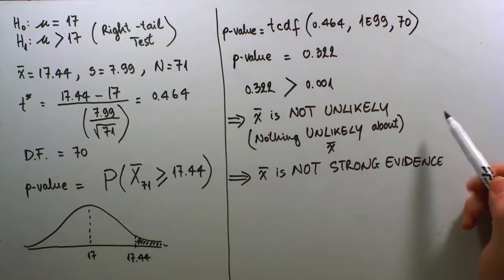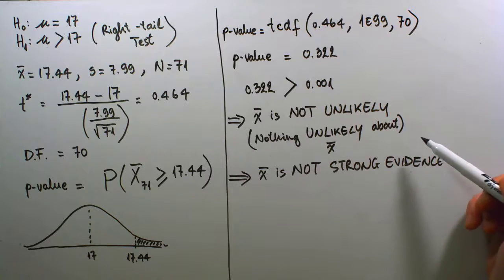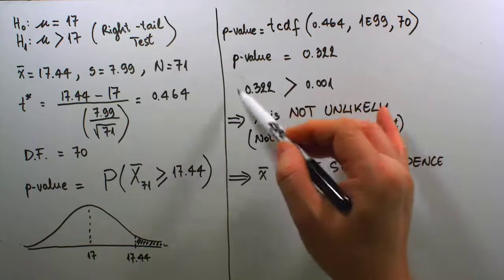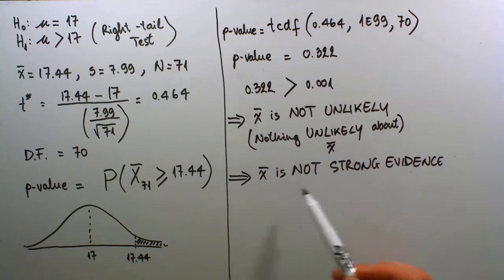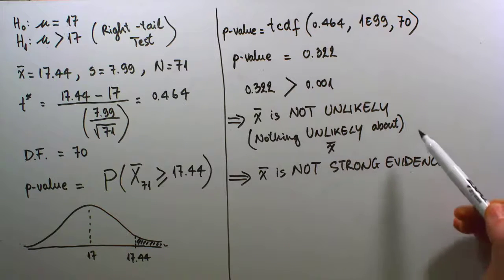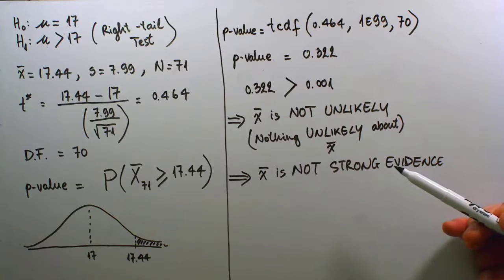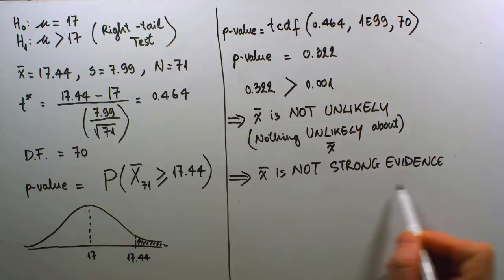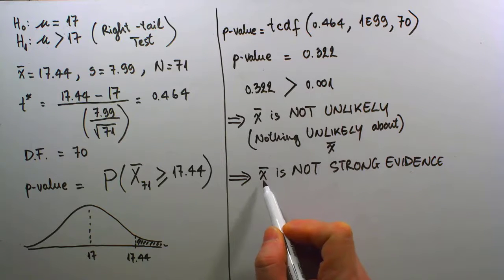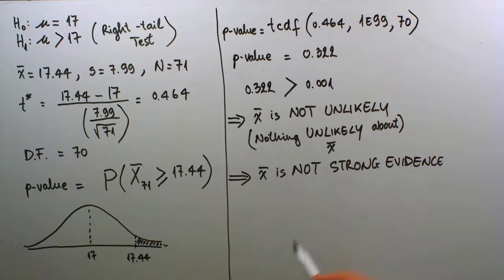But unfortunately, if anyone is looking for a better detailed explanation about why this comparison leads to nothing unlikely, and why nothing unlikely leads to not having strong evidence, all that logical reasoning must wait for a higher course in statistics.